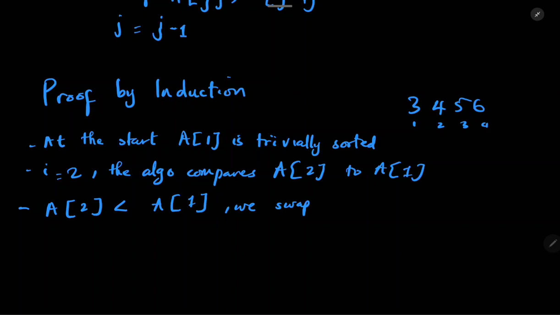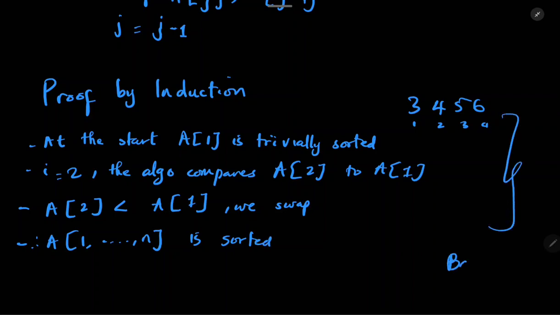Whether we swap or leave it, it means that what we have at this point is already sorted. Therefore, all the numbers from this to this are sorted. Everything that I've talked about here is our base case.